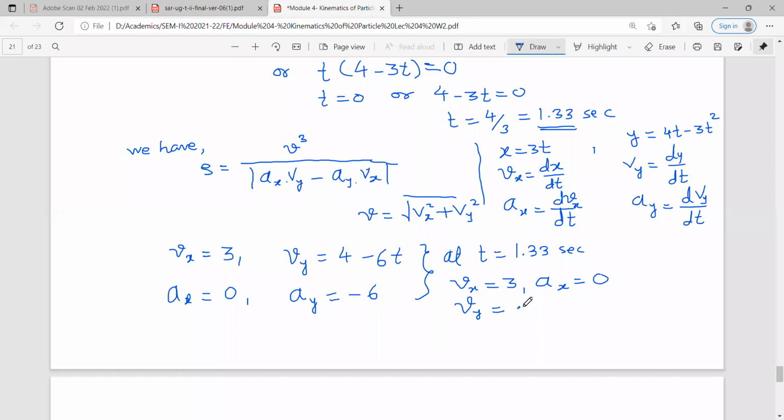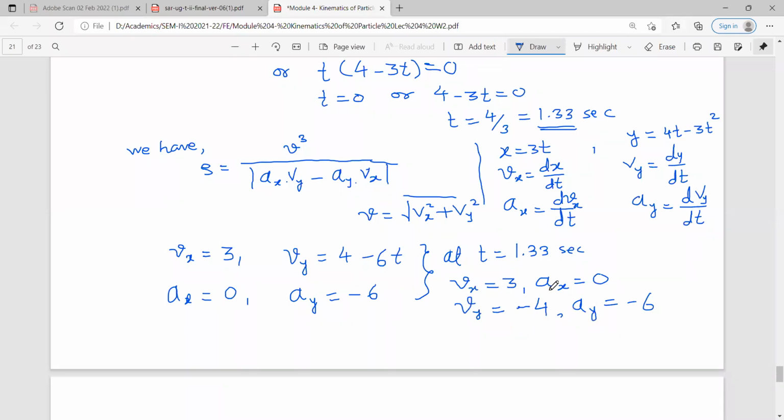Minus 4, right? Yes. And for acceleration in y direction, there is no t in its formula. So the direct value will come, minus 6, constant.